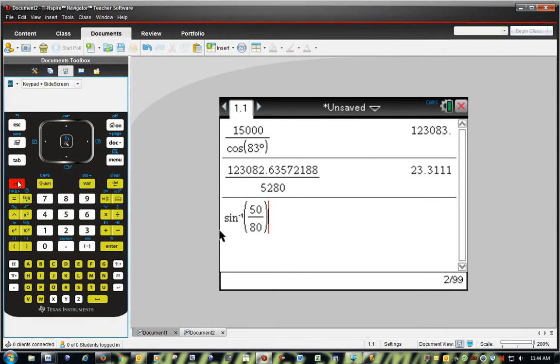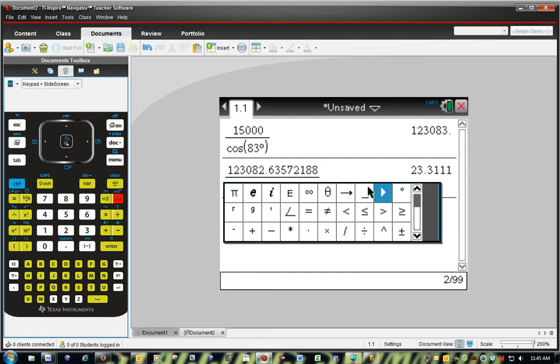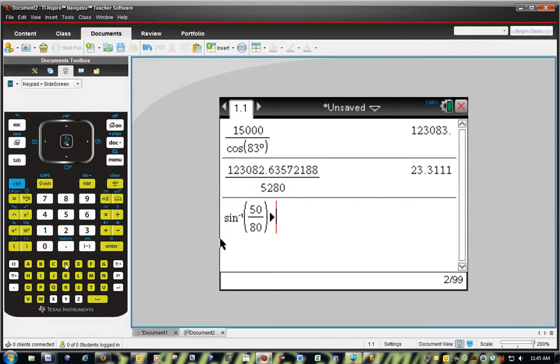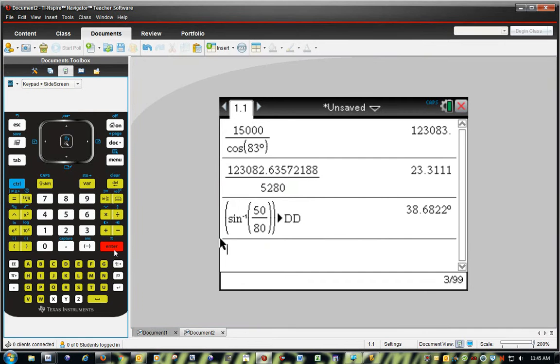And then we hit control here. We end up with 38.6822 degrees.